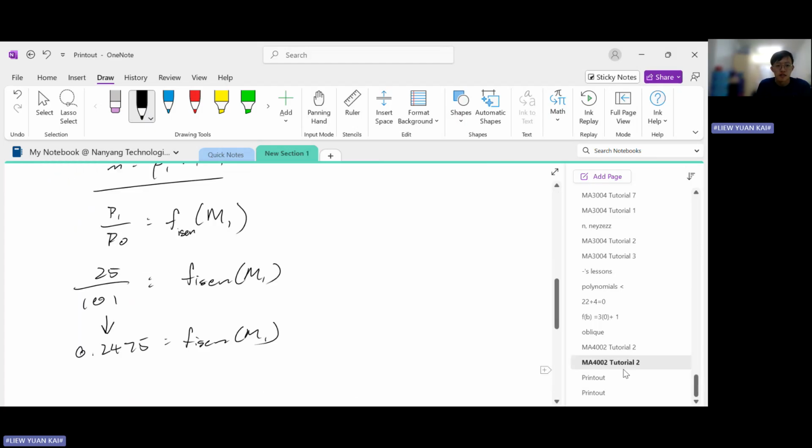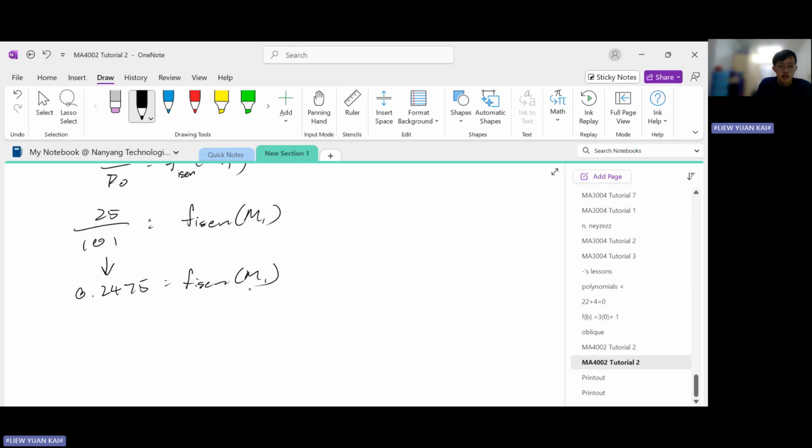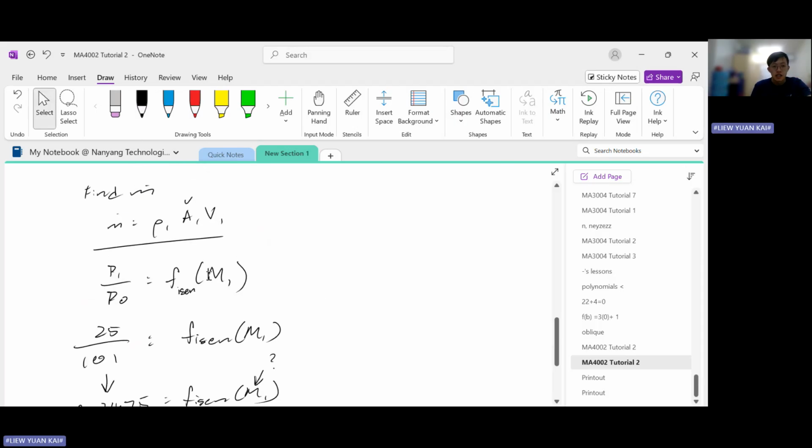That is how we solve for the Mach number, because this one is unknown. So we have found that M1 is equal to 1.56. Let me be specific, this is just an estimate. We got this from the table. I hope that's clear to you.